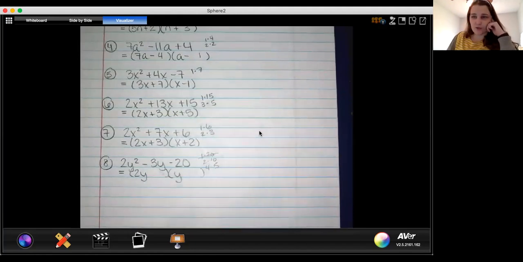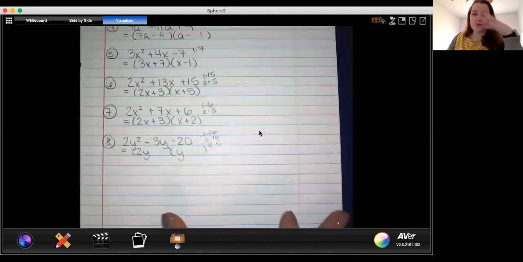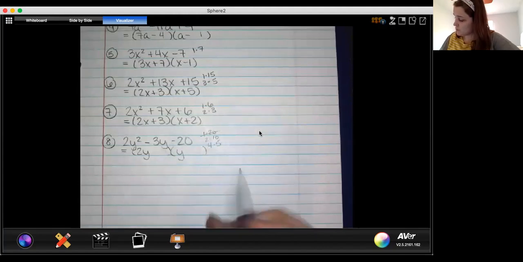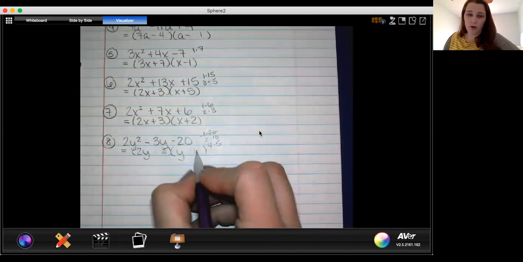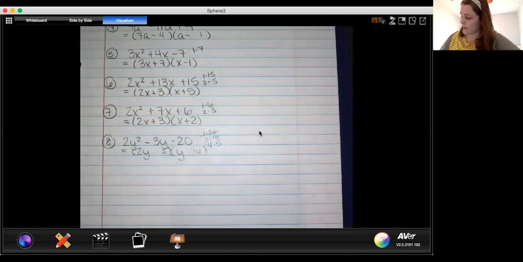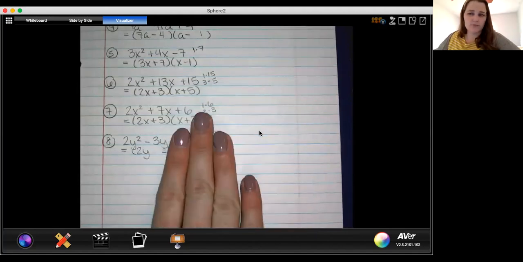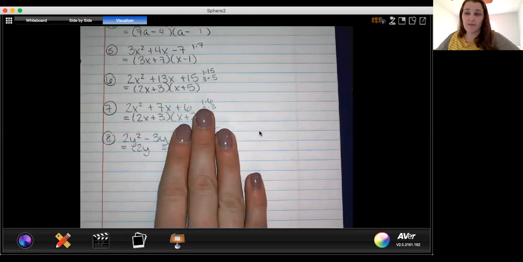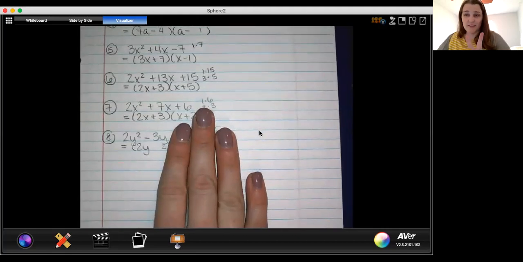Now I'm going to tell you a trick that helps you narrow down your options even more. When we're looking for a GCF, we're looking to see, can it simplify, right? If I put 2 and 10 in this problem, what would happen on that first binomial? What do both those factors have in common? They have a factor of 2, right?